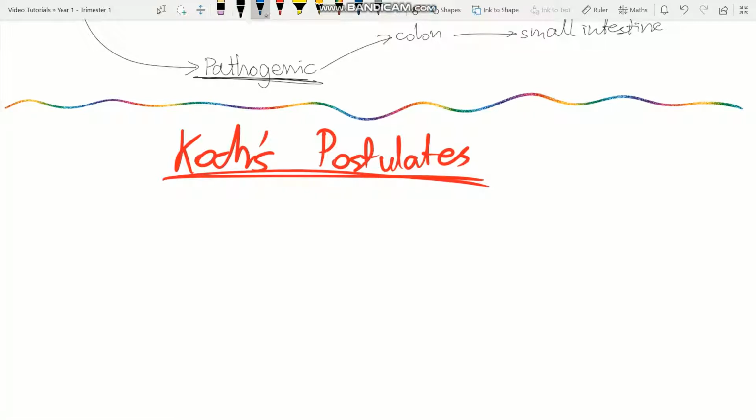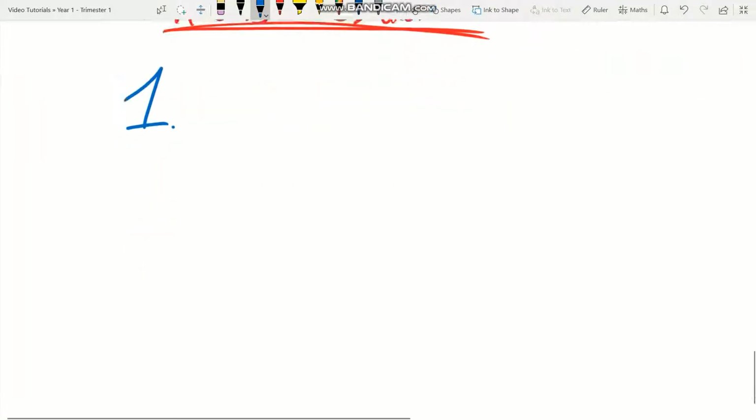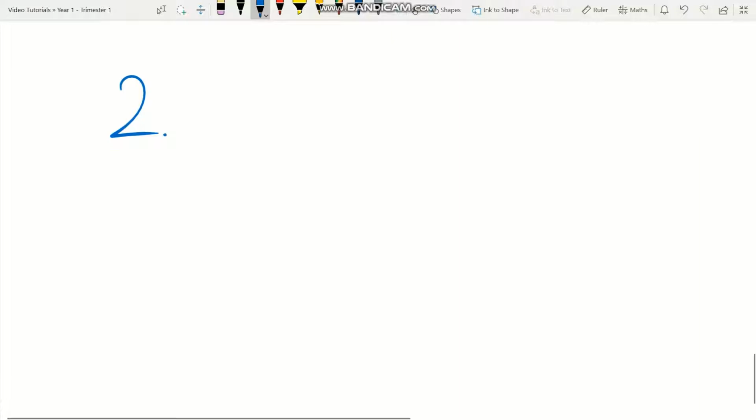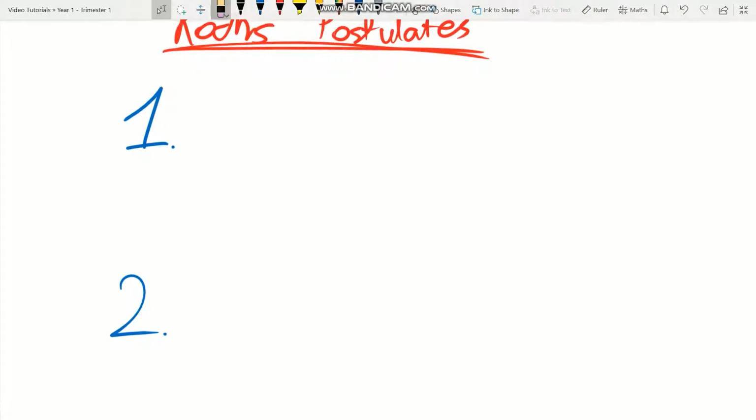And there are four main postulates. And these postulates define how different microbiota are to be studied and whether they should be essentially categorized as being pathogenic or not.